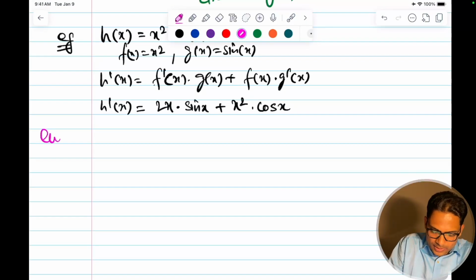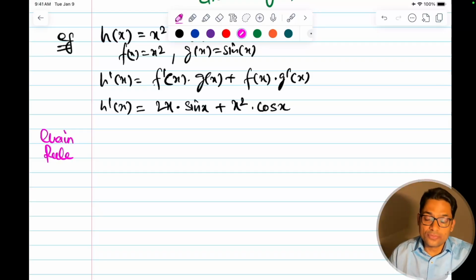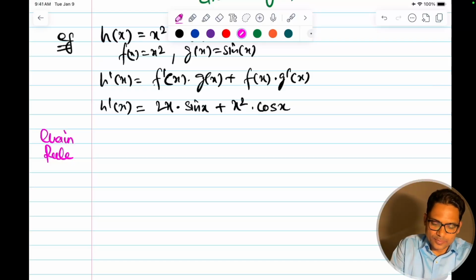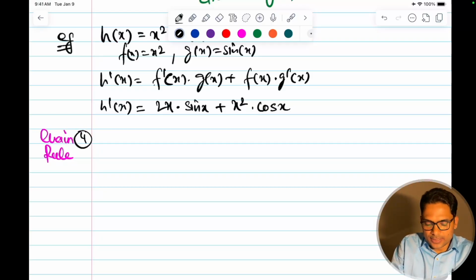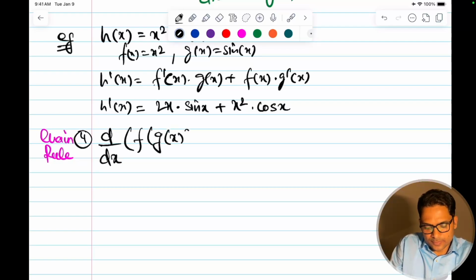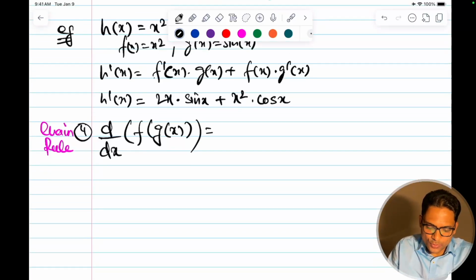So we have this important rule that is called the chain rule. This is the backbone of back propagation when we do deep learning. This is the derivative rule which you should know thoroughly. This is the fourth rule, the chain rule. So what does it say? If you have a composite function, composition of functions, f of g of x, then how do we differentiate it?